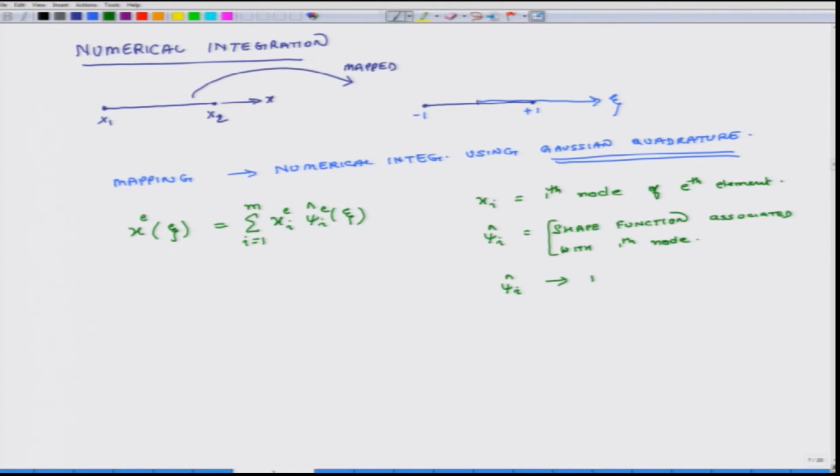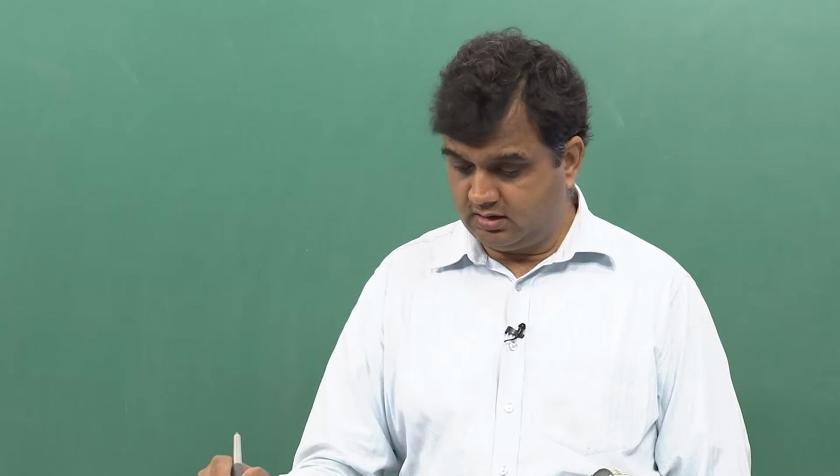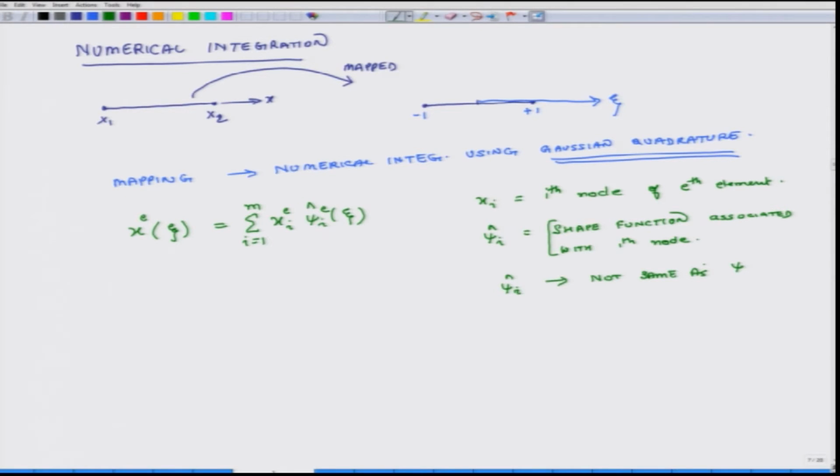This is not same as psi, because these psi's were what? These are approximation functions which are used to approximate u or v or w, right. So, this helps us approximate the primary variable, but psi I hat helps us map from x domain to zeta domain. So, that is why we have put a hat here to mark the distinction.